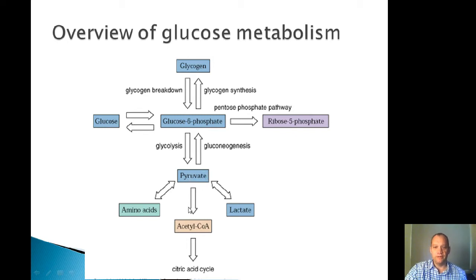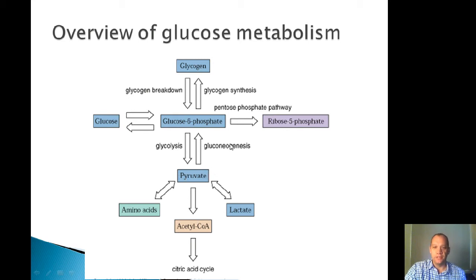Of course pyruvate can be decarboxylated to acetyl coenzyme A and carry on into the citric acid cycle. Under anaerobic conditions in mammalian cells, pyruvate will be turned into lactate, or it can also be a precursor for production of amino acids.